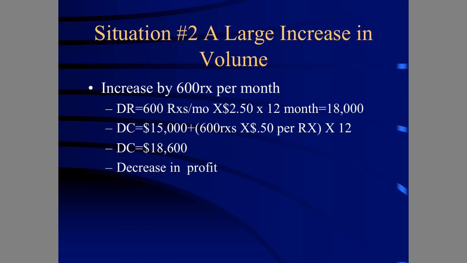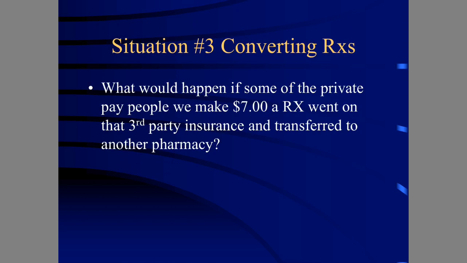I'm going to see an increase in direct costs of 18,000. So in this situation, I'm going to see a decrease in profit. But what would happen if some of the private pay people we make $7 per prescription on, actually maybe this plan I sign is with a local employer, and maybe these people were coming to me because, and you could use a situation in a preferred network.